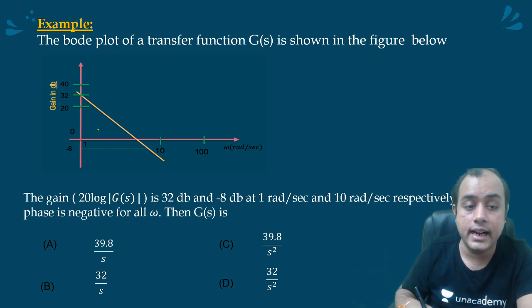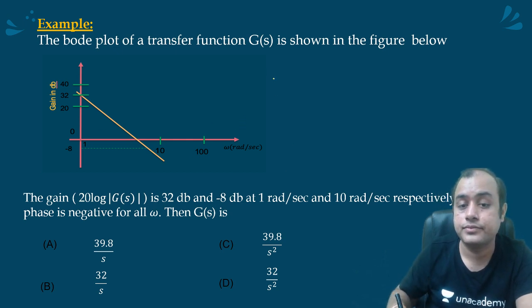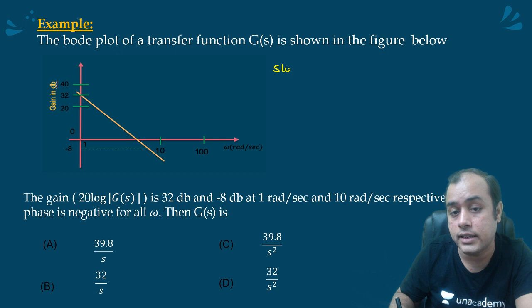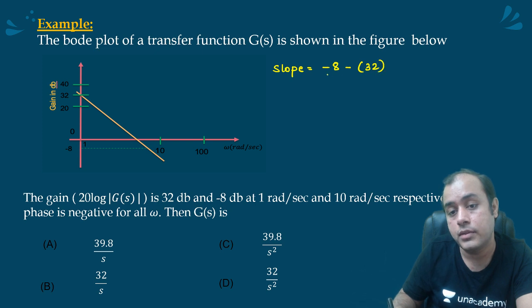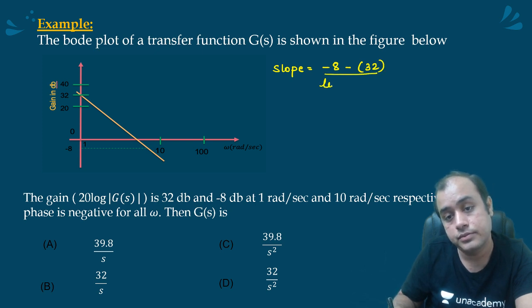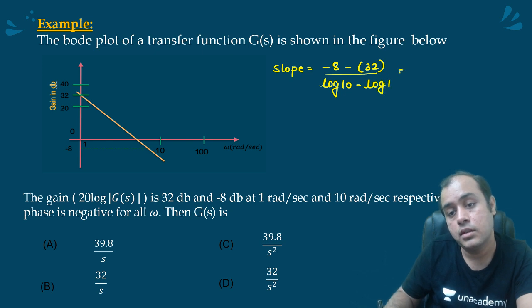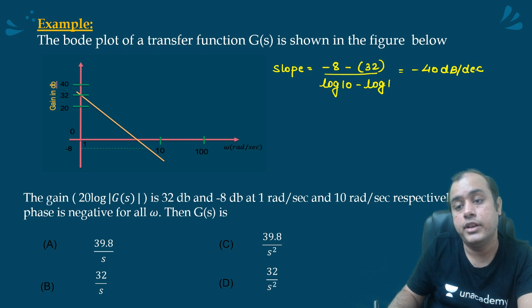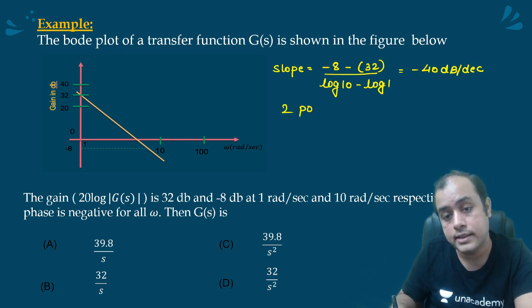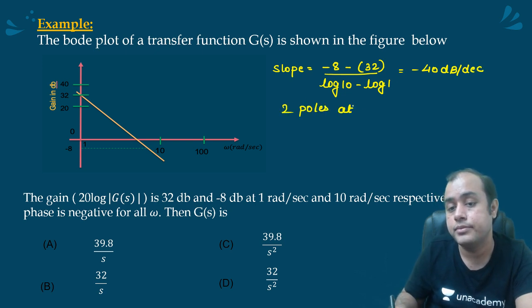So basically, guys, if we calculate the slope, it is minus 8 minus 32, that is minus 40 dB per decade, which means there are 2 poles at the origin.